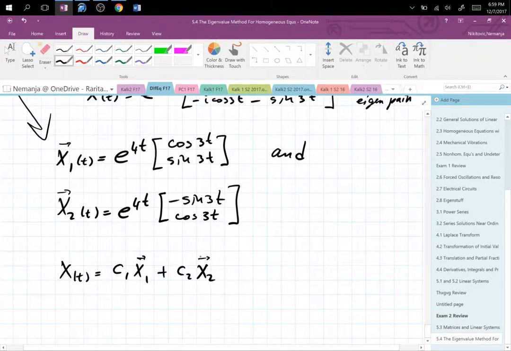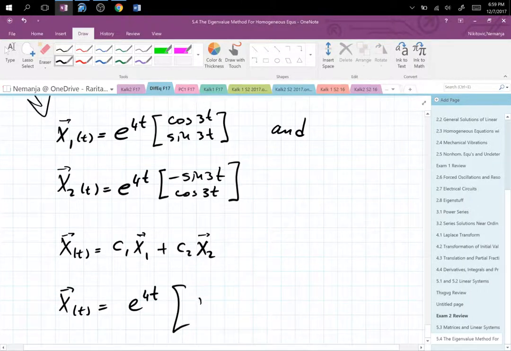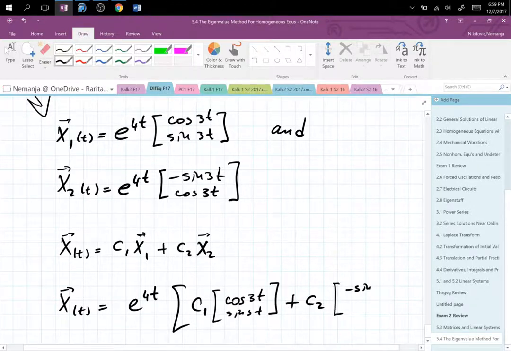So the overall solution we are looking for, x of t, is c1, and then e to the 4t, actually, e to the 4t can be kicked outside, because that's everything. Then you have c1 times cosine 3t, sine 3t, plus c2 times negative sine 3t, cosine 3t, and there we go.